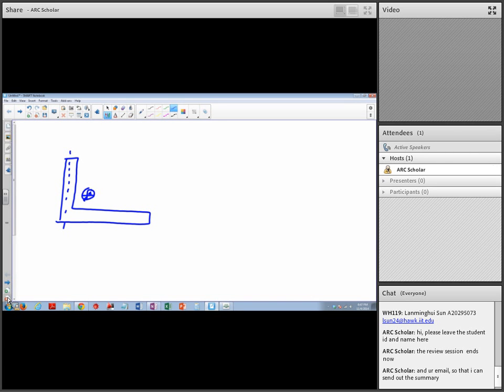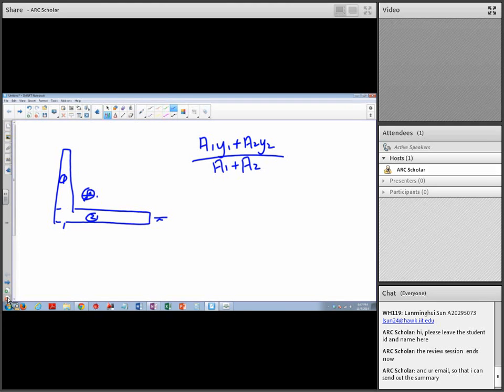If we want to find the height of this centroid, we can use the same thing, A1 y1 plus A2 y2 divided by the total area, A1 plus A2, where, let's say this is 1 and this is 2, y1 is just this one, and y2 is the middle. After we calculate this, we can find the height of the centroid.